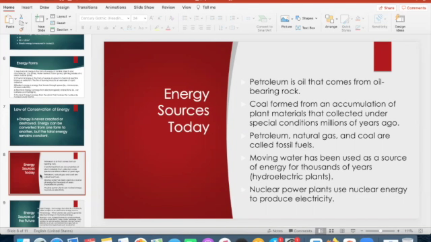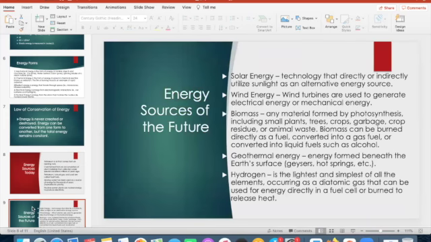So we're trying to kind of wane off of the dependence on oil, which is what we're primarily using today, and move on to the energy sources of the future, which are more sustainable for future generations. So solar energy, wind energy, biomass, geothermal, and hydrogen energy, these are some of the up and coming energy sources that you will be hearing more of over the next couple of years.